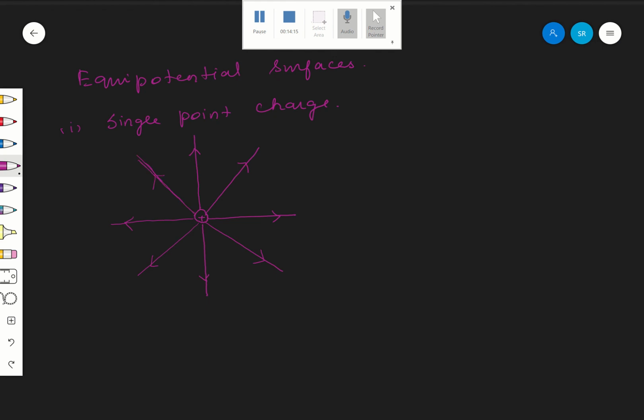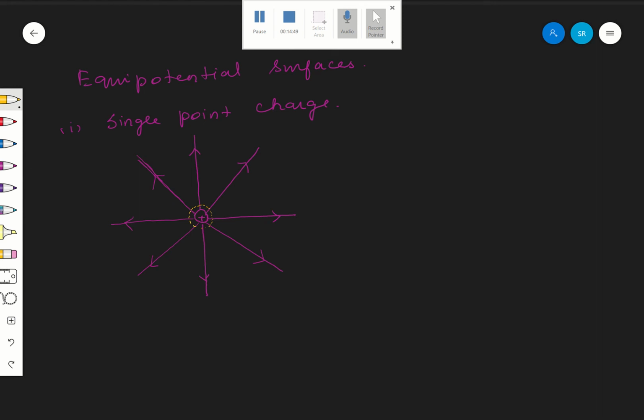Now what I want is to draw the equipotential surface. You know that all the points which are at the same distance from the charge will have the same potential, correct? So this is one equipotential surface.